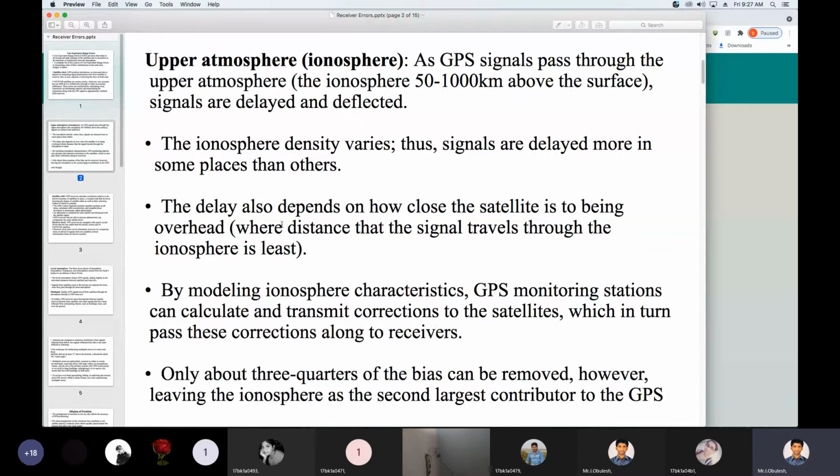This signal delay changes. If the signal transmission is going on in cities, the delay will be somewhat greater than in rural areas.